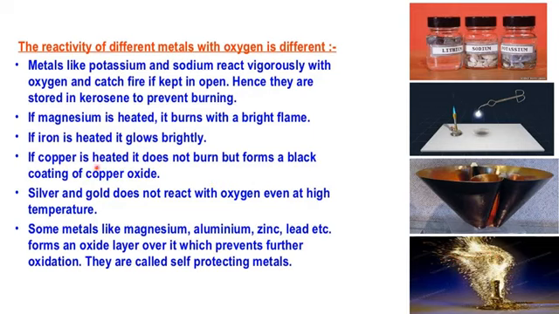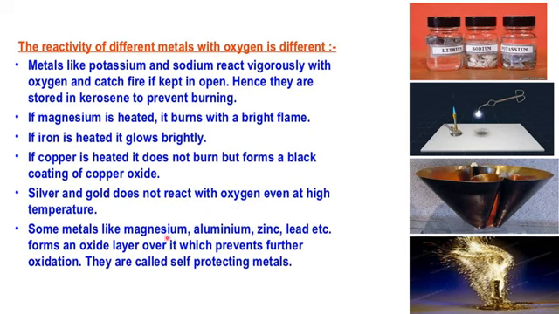Now if copper is heated, it doesn't burn, but it forms a black coating of copper oxide. Here you can see the black coating of copper oxide. Then coming to silver and gold, we know that silver, gold and platinum are very inert metals. They don't react with oxygen even at high temperature.